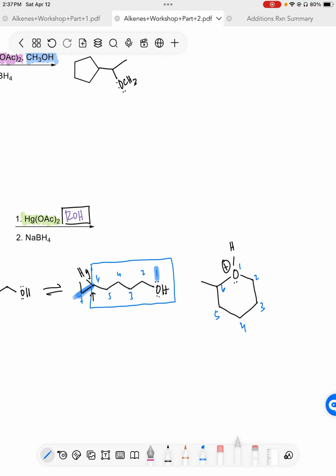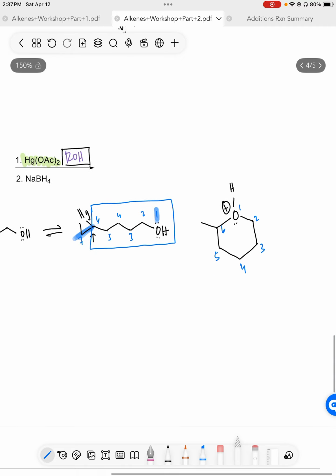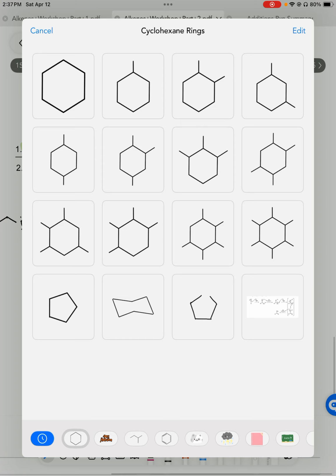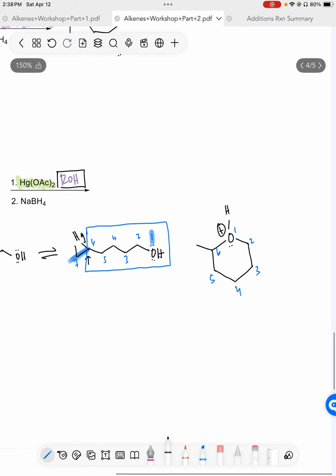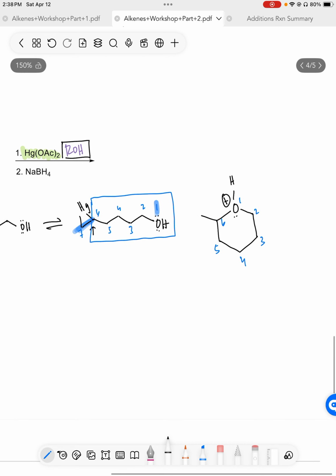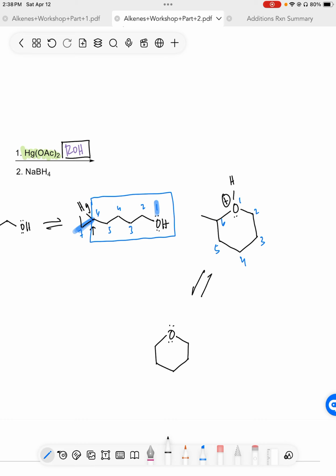So again, you don't have to know the mechanism, but you just have to recognize that the hydrogen gets plucked off, and you get left with 1, 2, 3, 4, 5, 6. An ether, it looks like that. So that's how you do an intramolecular attack.